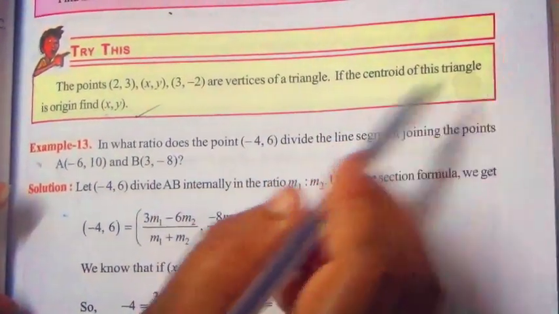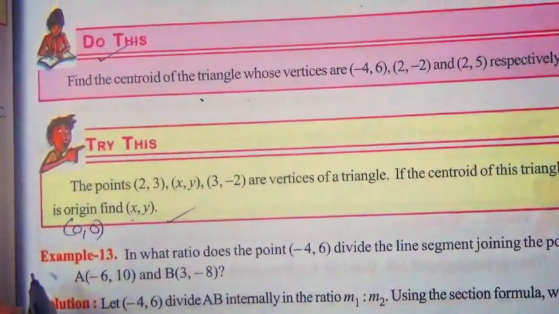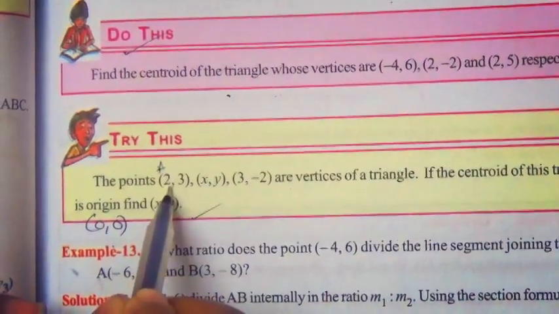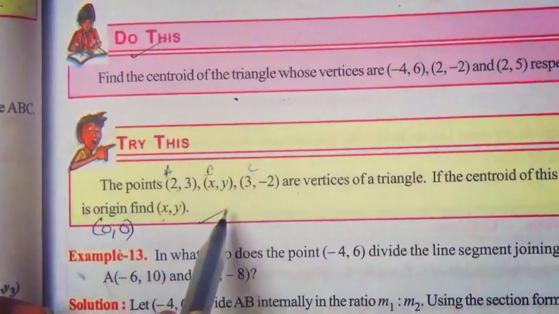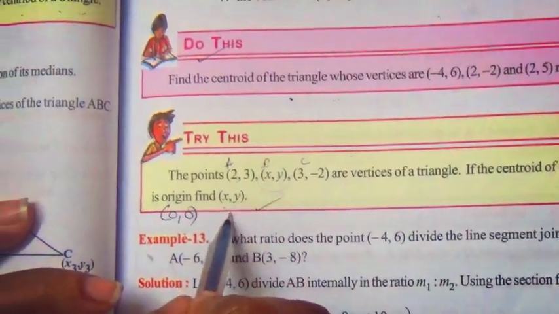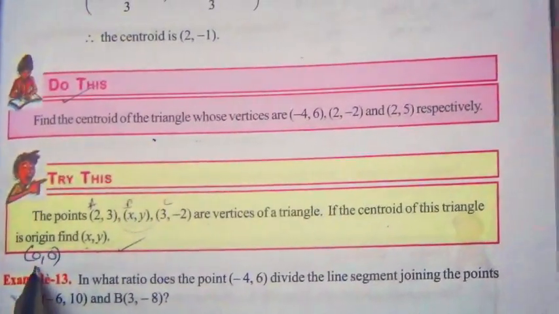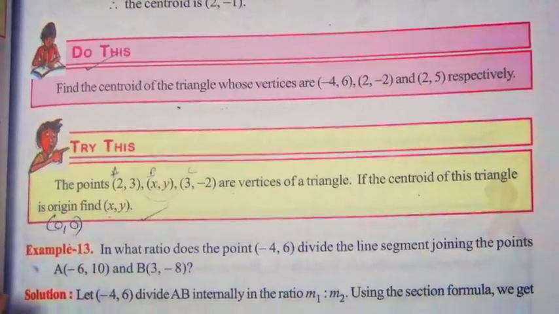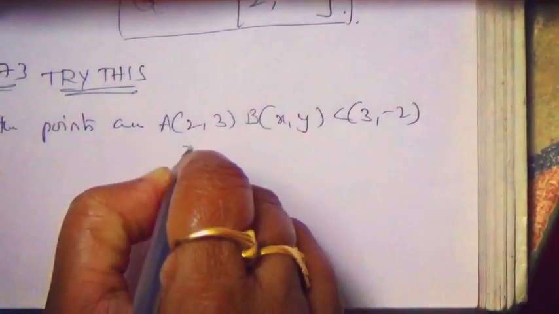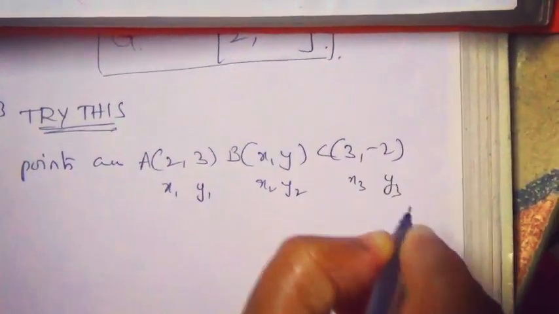If the centroid of the triangle is the origin, 0 comma 0, then we have to find this x, y. Let us take these points A, B, C. B is not given, we have to find x, y. But the centroid of the triangle is given as the origin. Let us take these values as x1 y1, x2 y2, x3 y3.